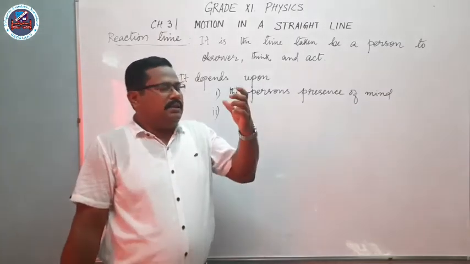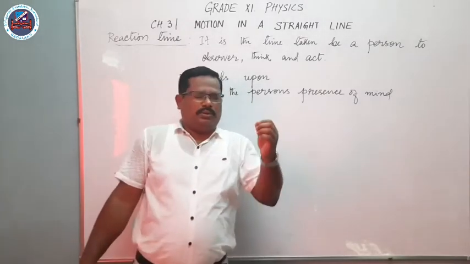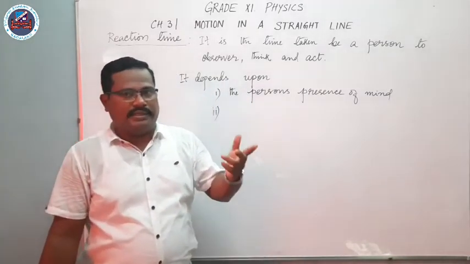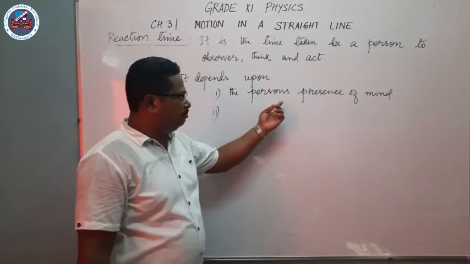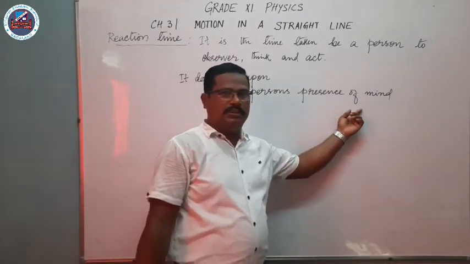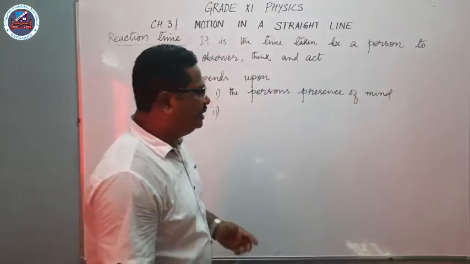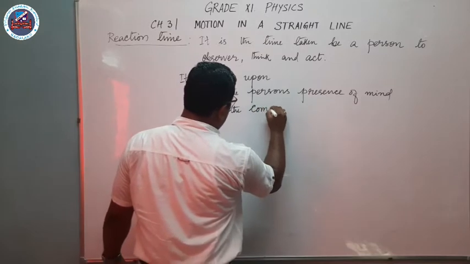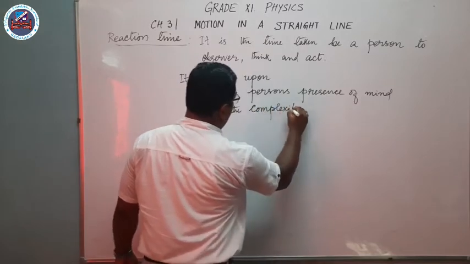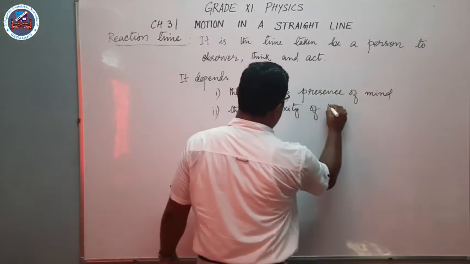After you see suddenly, then you move your head or you close your eyes, then you react. So it depends not only upon a person's presence of mind, it also depends upon the complexity of the situation.